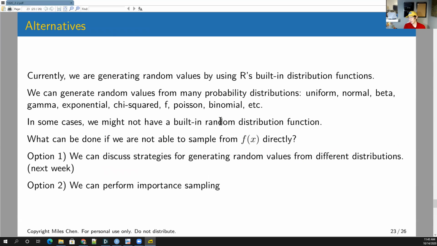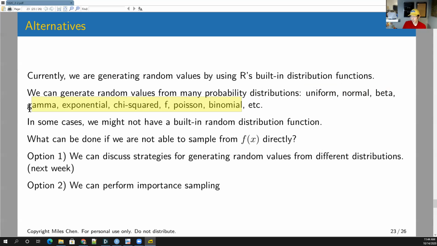I think our first example was the baseball example, where we drew samples from the beta distribution, and there's rbeta inside R. We can also generate random values from the normal distribution, random values from the uniform distribution, and all of these ordinary, quote, regular probability distributions are built into R.